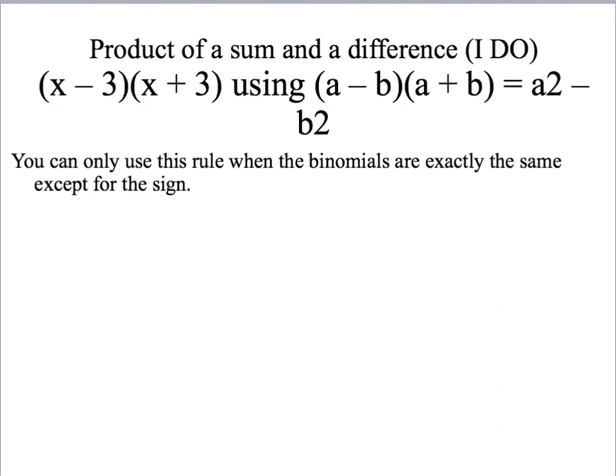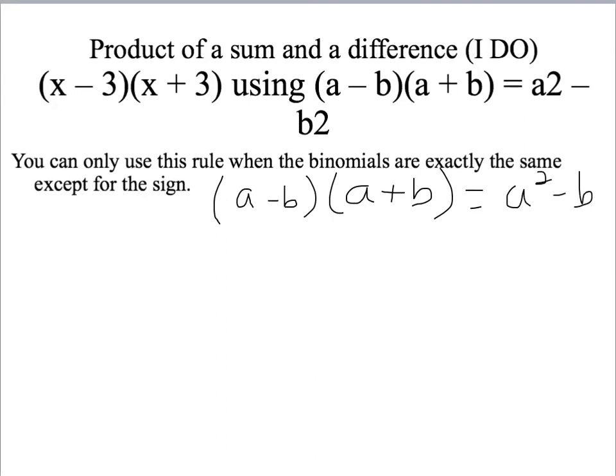For this one here, we want to find the product of a sum and a difference. This rule is just a squared minus b squared. Whenever you have a minus b and a plus b, you can just square the first term and subtract the square of the second term.